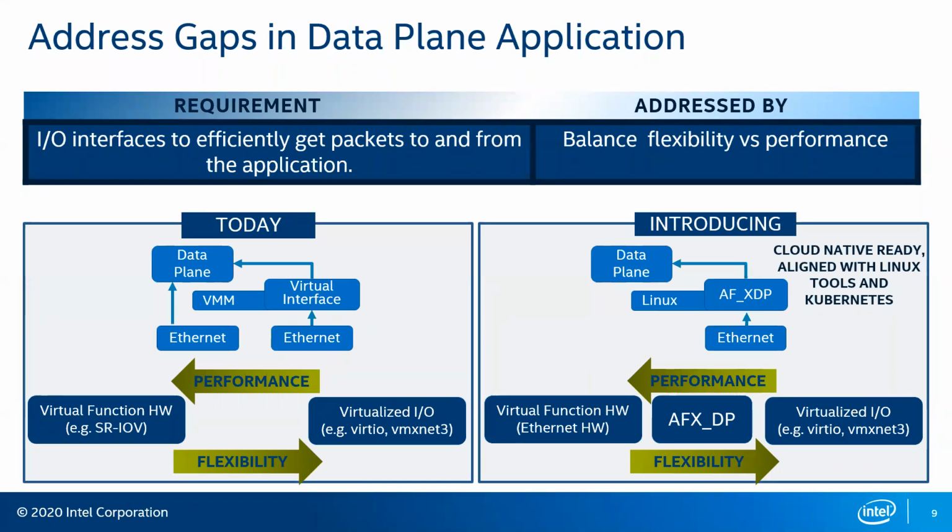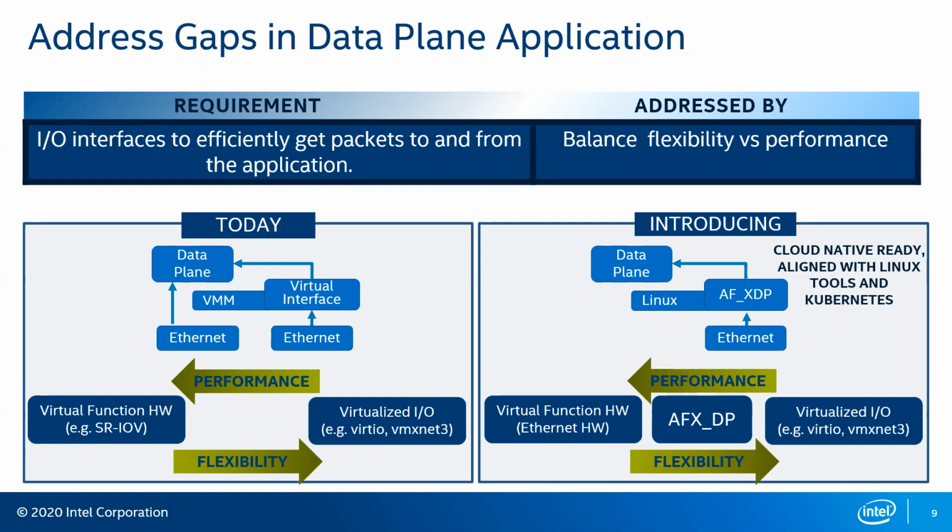If you look at the today box, the one on the left, we see that today we have types of hardware virtual interfaces such as SR-IOV that get us the best performance, and those are driving packets into the data plane in the best way. However, this is more of a fixed solution which creates dependency on the hardware.